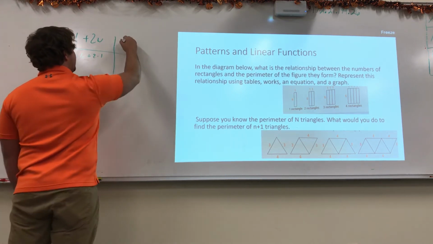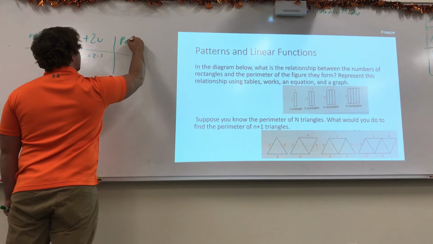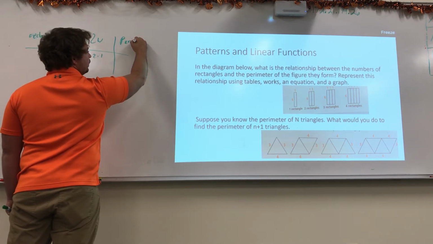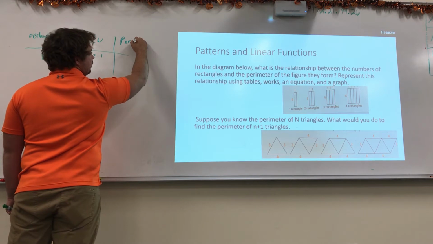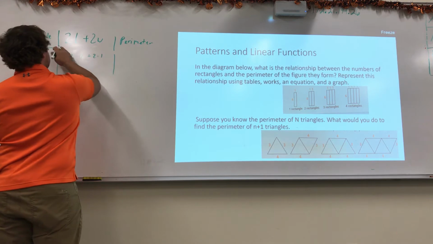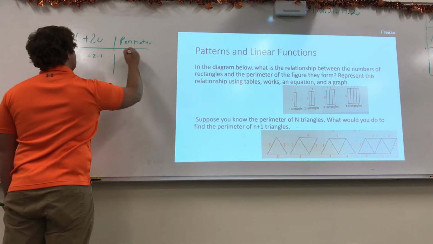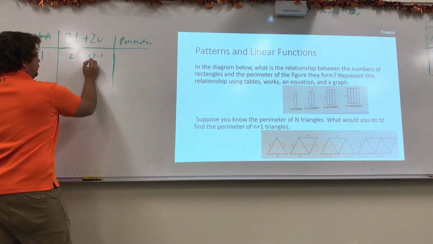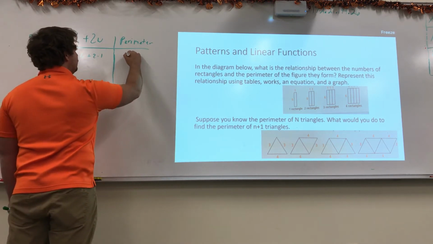And so my perimeter is 12 plus 2, which would be 14.